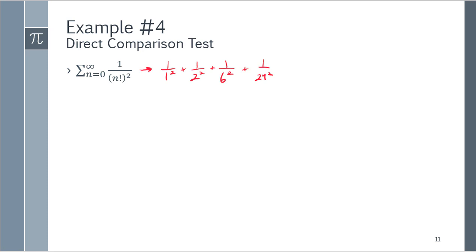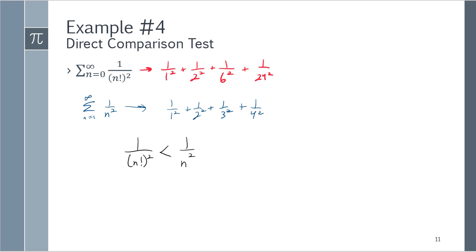What I notice is that if I were to compare this to the series 1 over n squared, my terms are always going to be smaller for the red series. So 1 over n factorial squared is less than 1 over n squared. And I'm hoping that makes sense.